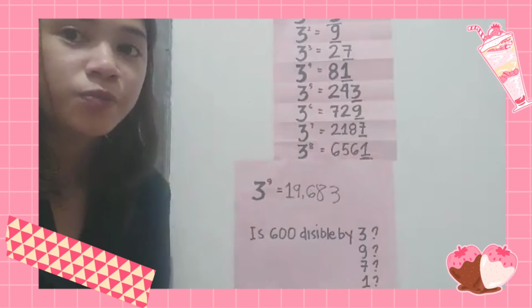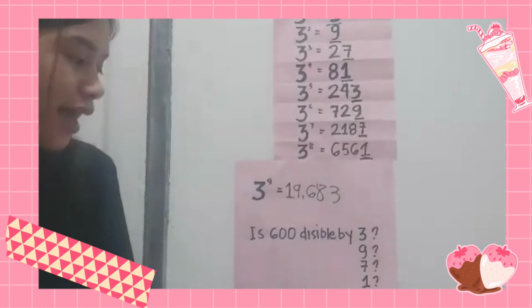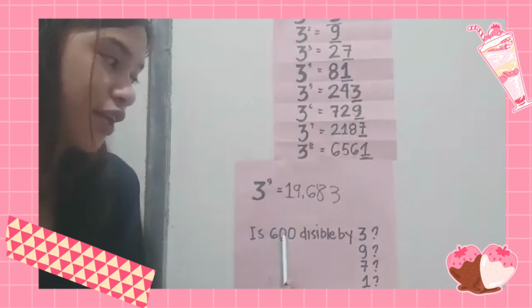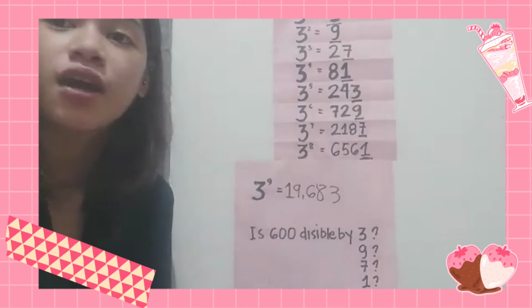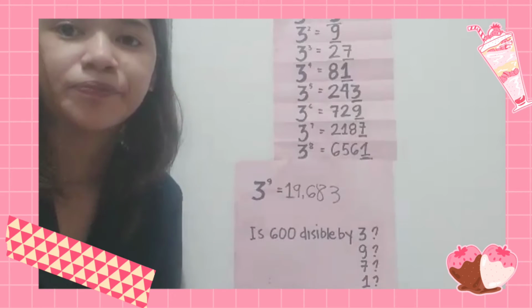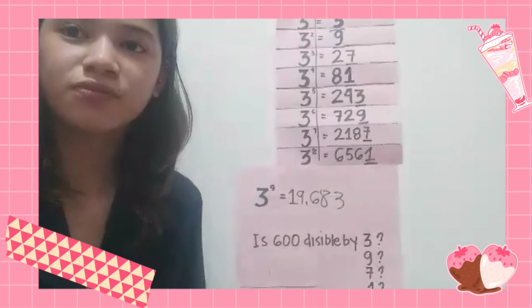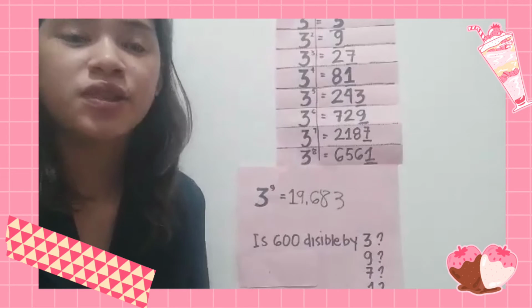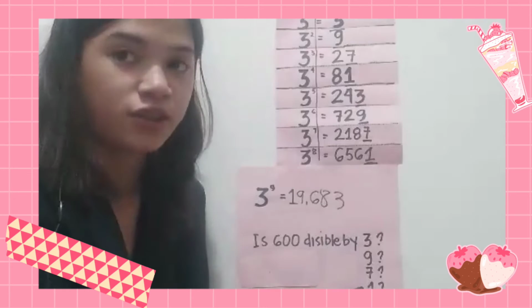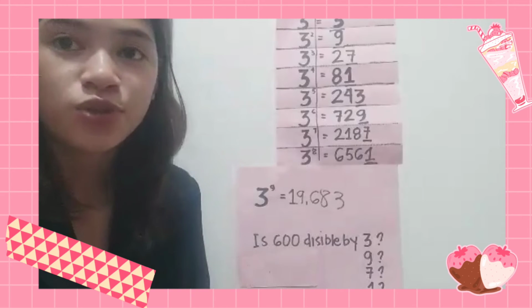The answer would also be no. And last, is 600 divisible by 1? The answer would be yes. In short, 600 is only divisible by 3 and 1. So, we still have 2 choices.